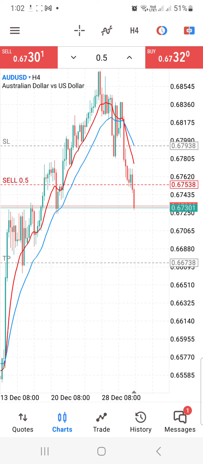Most indicators have a problem: as soon as the indicator is giving you a sign, the market has already gone far. If the chart is showing a sell now, maybe the sell started like 30 minutes ago.